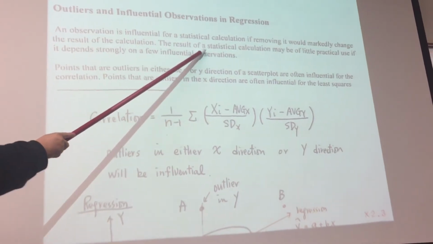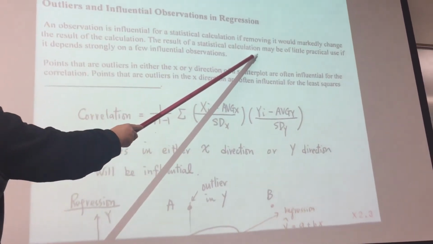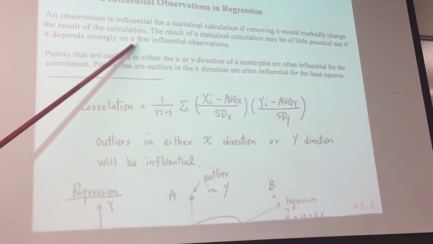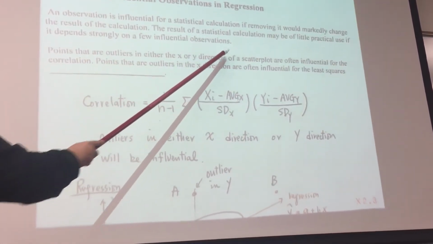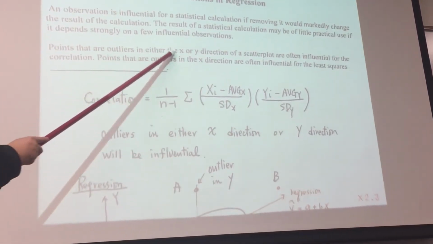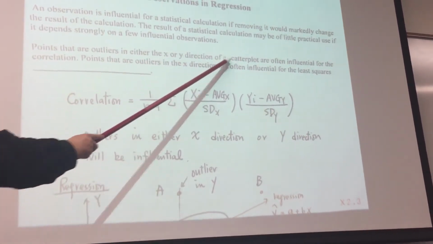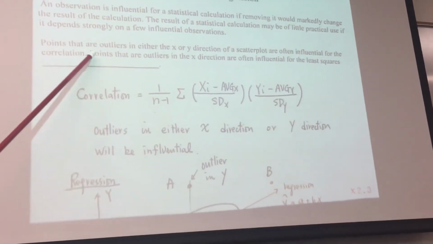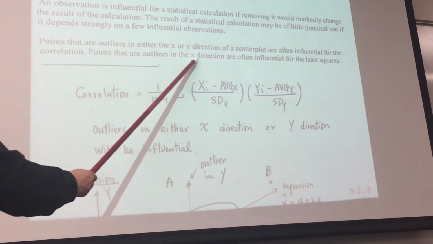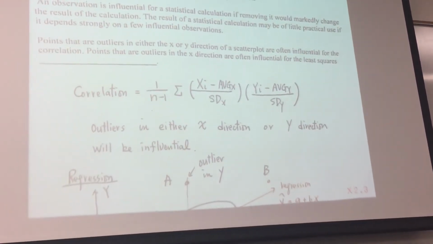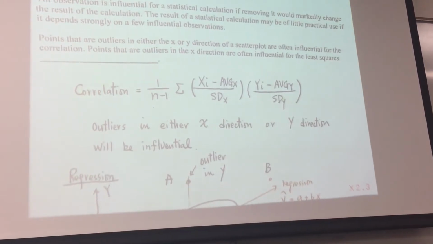The results of a statistical calculation may be of little practical use if they depend strongly on a few influential observations. Points that are outliers in either the x or y direction of a scatter plot are often influential for correlation. Points that are outliers in the x direction are often influential for least squares regression. Okay?